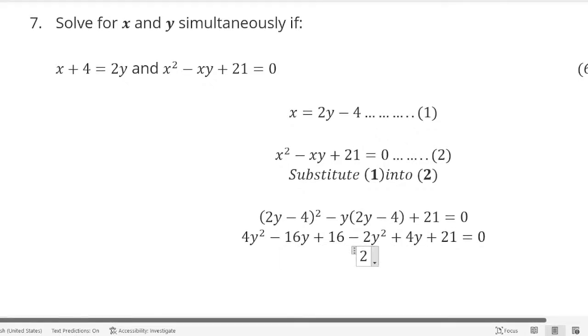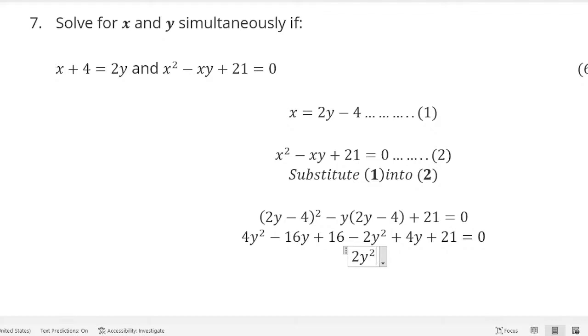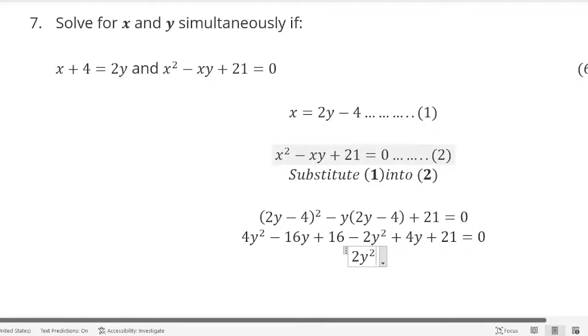Now going to the y terms, we have negative 16y and positive 4y, so negative 16y plus 4y will be negative 12y.